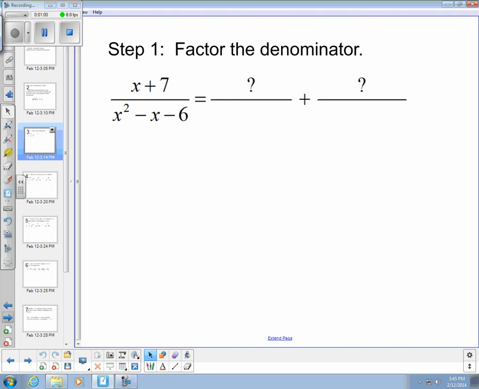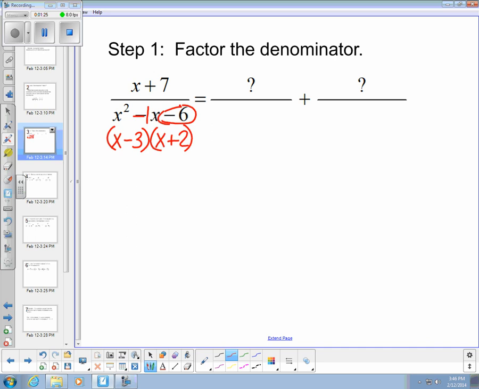Okay, so our first step anytime we're doing decomposition of rational functions is to factor the denominator, not the numerator, just the denominator. So x squared minus x minus 6 will factor to x times x for x squared. We need to multiply to get negative 6 and add up to negative 1. So that would be a minus 3 and a plus 2.